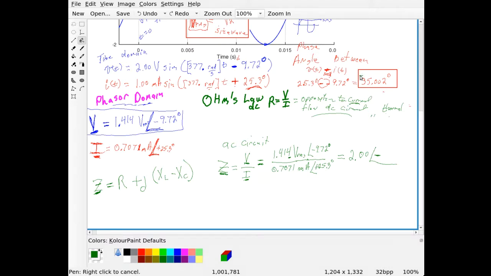It turns out that it's this angle, right, this is minus 9.72 here. This is positive, but it's in the denominator, so it turns out to be minus 35 degrees. All right, and I forgot my unit there. Remember, I already stated that the units of impedance are in ohms, just like in DC circuits.